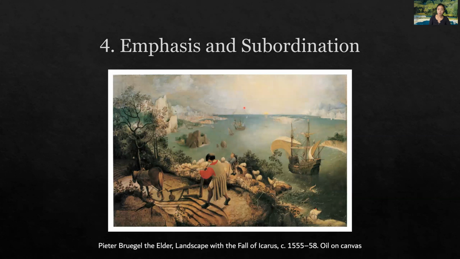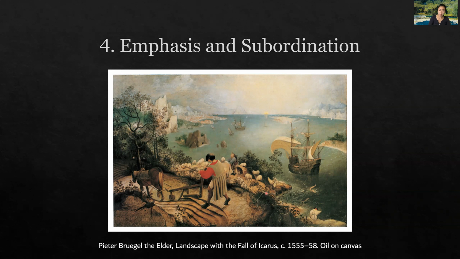Okay, so this is the first example. So which part is the emphasis portion in this painting? Can you find it? So this part from the road to this ship is the emphasis area.